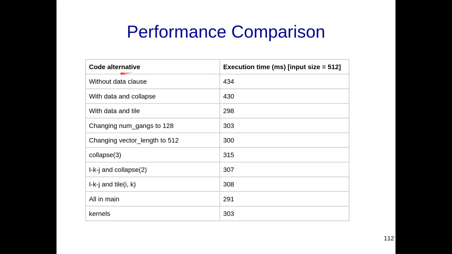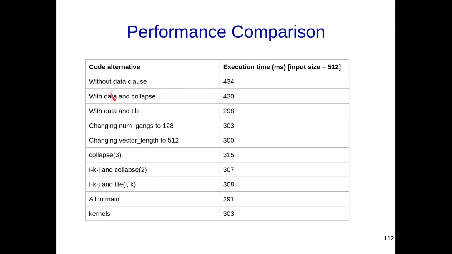On the left hand side we have these different techniques, and on the right hand side is matrix multiplication for an input size of 512. If I have just the parallel clause without any data clause, then I get 434 milliseconds as the total time for matrix multiplication.